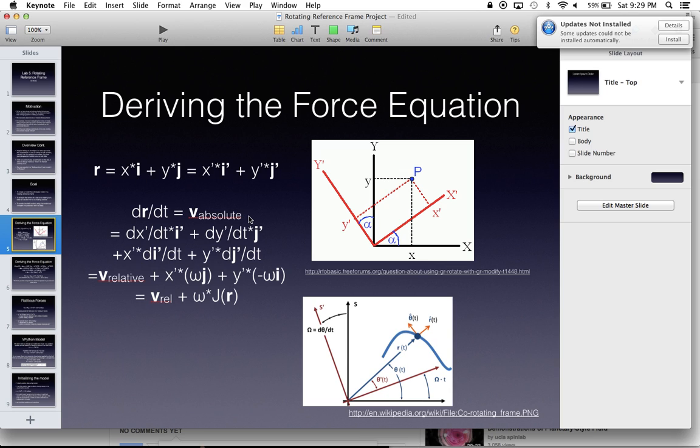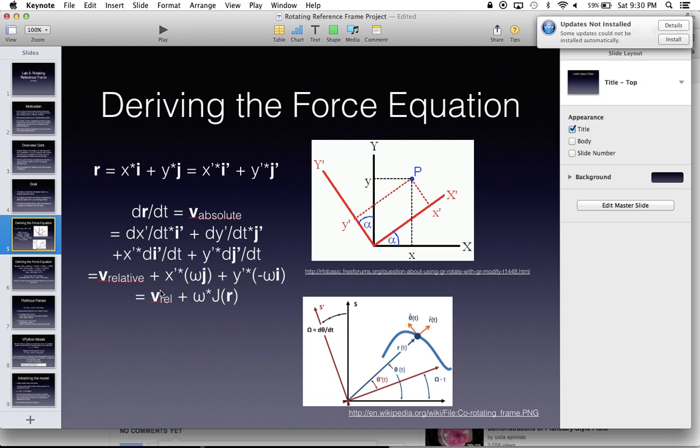You get velocity as v absolute, as if you were measuring it from the ground. Differentiate it this way, and you get other terms based on the fact that these unit vectors are changing with time because they're rotating.